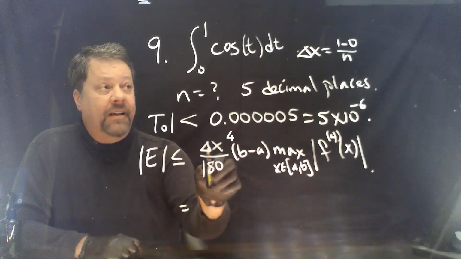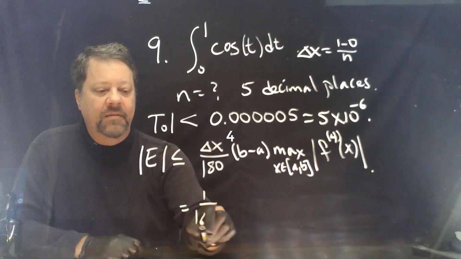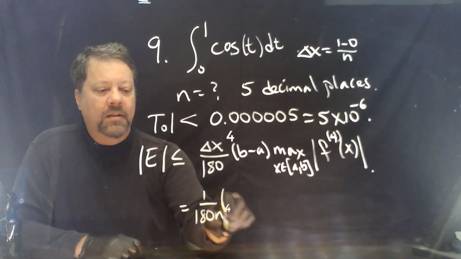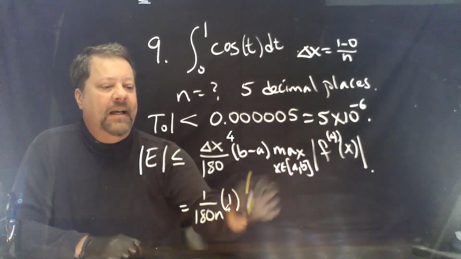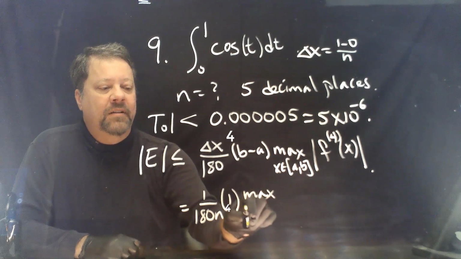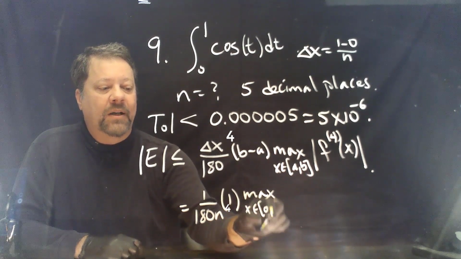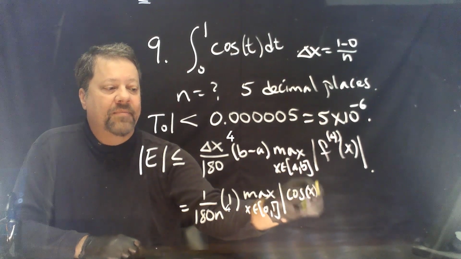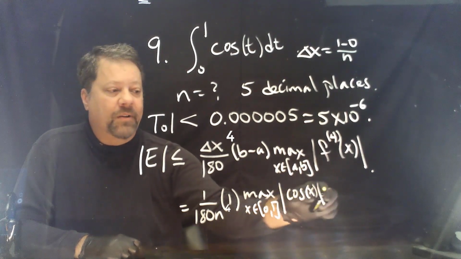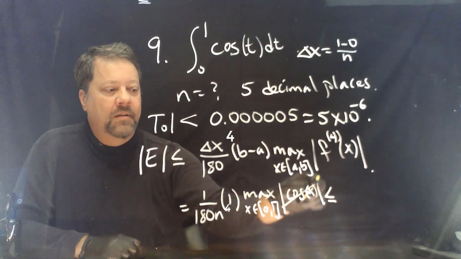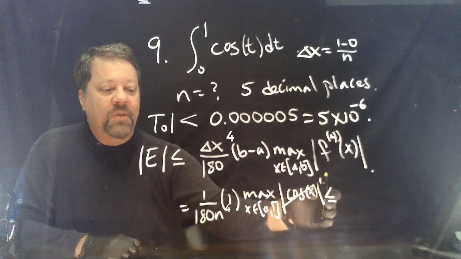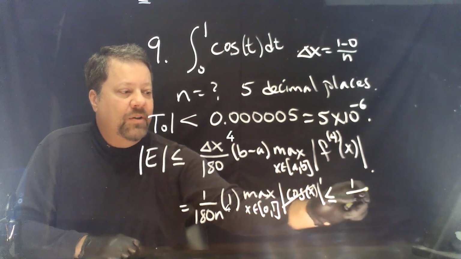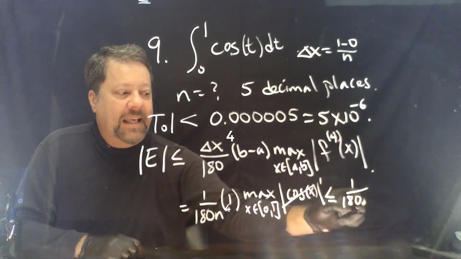We will have 1 over n times this 1, and the maximum for x values between 0 and 1 of the absolute value of the cosine of x. Well, cosine is no bigger than 1. So we'll bound this by something no bigger than 1. We'll have 1 over 180n.